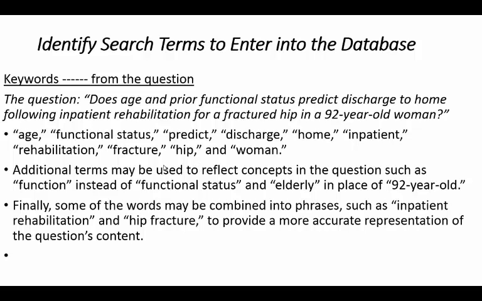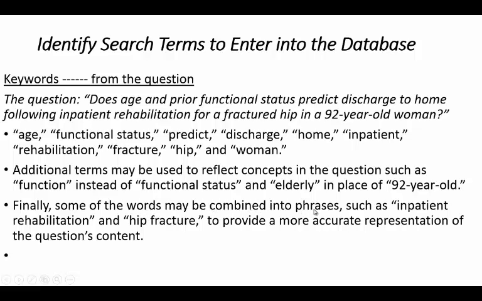We can also increase this number of keywords by using terms that reflect the concept of the question. So instead of functional status, I can say function. And instead of 92-year-old woman, I can say elderly or old. So more words. Finally, some of the words may be combined into phrases.